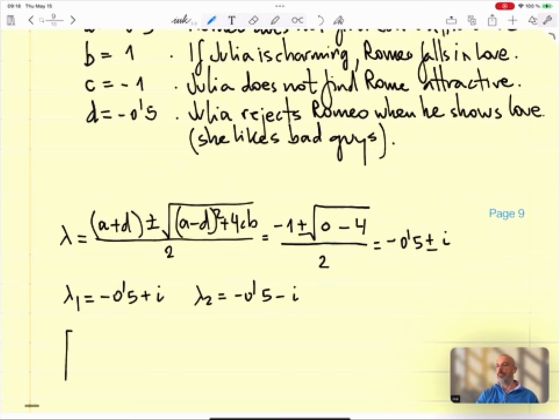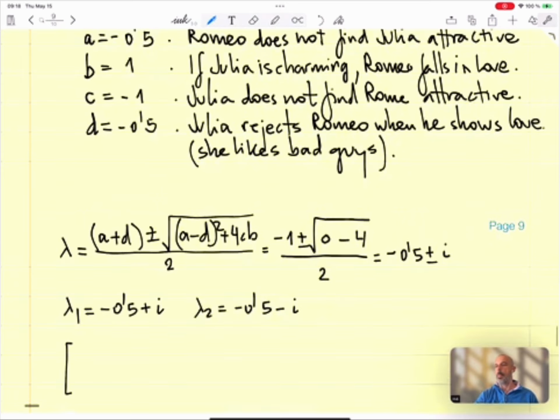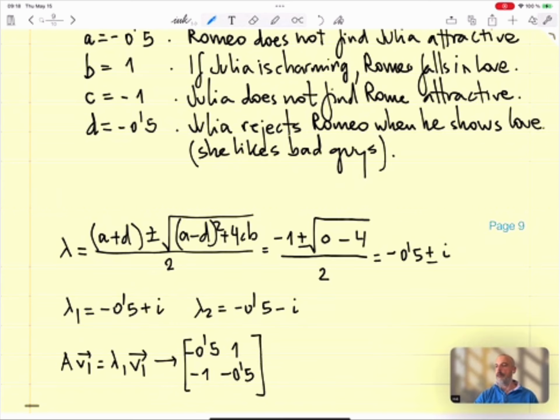We have A v1 equals lambda 1 v1. So A is [minus 0.5, 1; minus 1, minus 0.5] times (v11, v12) equals (minus 0.5 plus i) times (v11, v12).